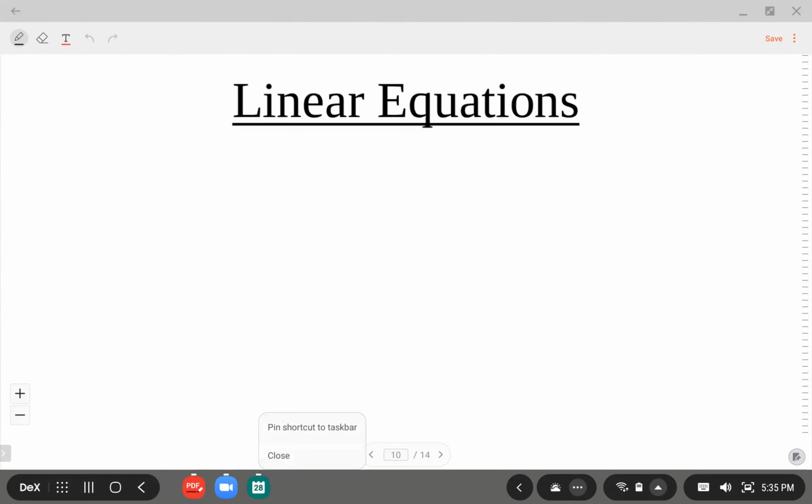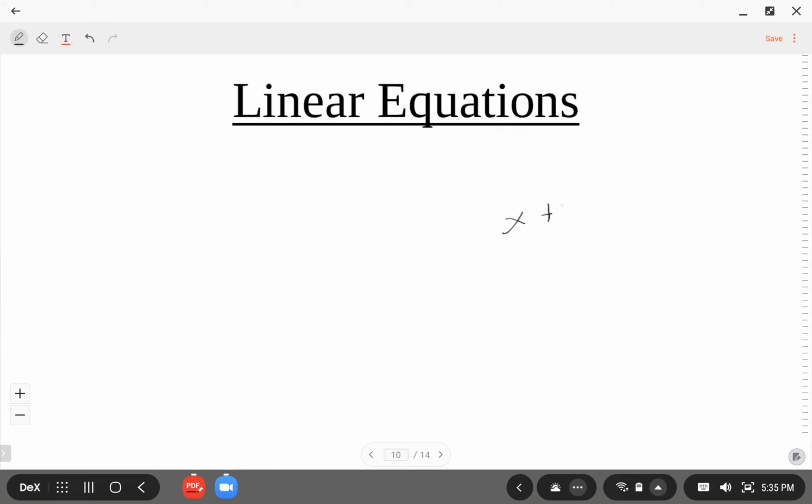So now let me introduce linear equations. Remember, last class we solved algebraic equations, like, let's say, x plus 4 equals 5, okay? But some people, and even I make this mistake, mistake linear equations for just single variable algebraic equations, but you can't do that. Linear equations have two variables.